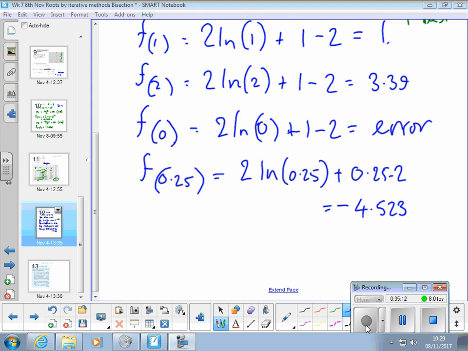No, that's fine. So what we can say now, then, therefore, we'll start with 0.25 as x1 and 1 as x2. Now, you can just go through the same process.